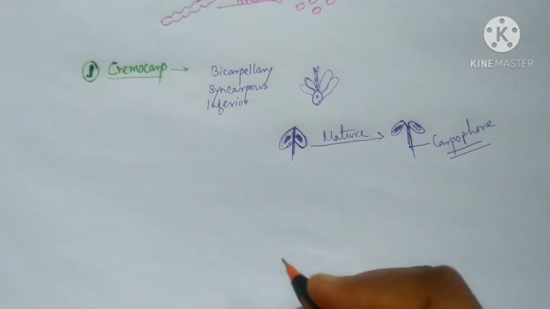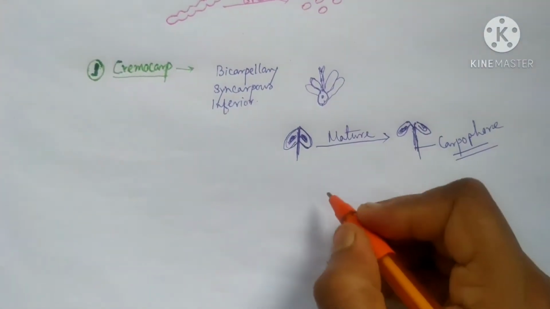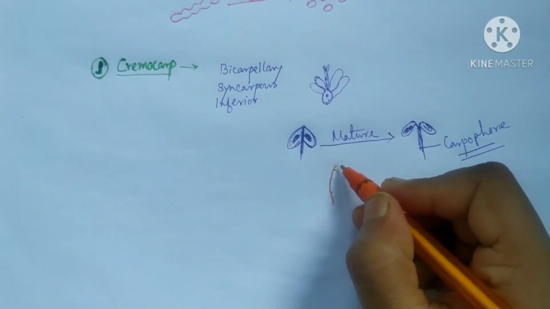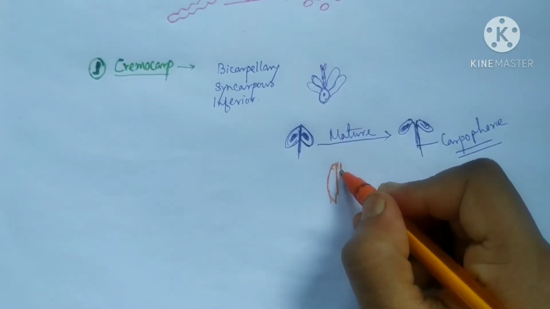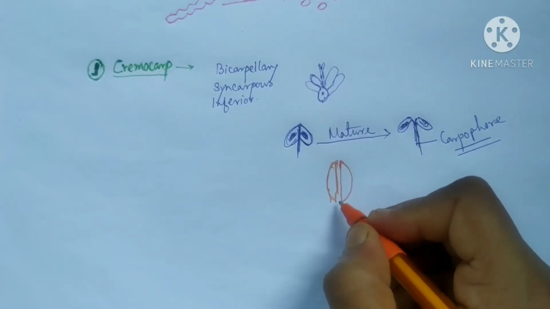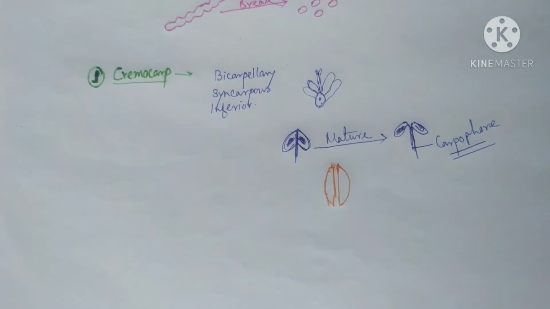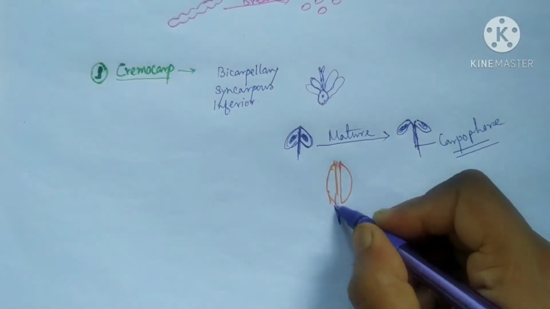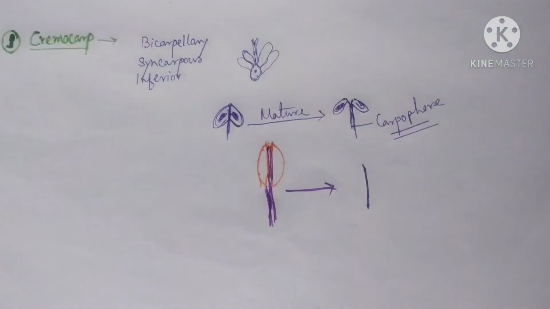Coriandrum sativum looks like this type. It is one part and this is another part, and both are attached with a common axis, which is known as the carpophore.